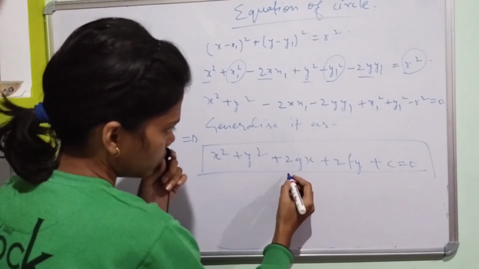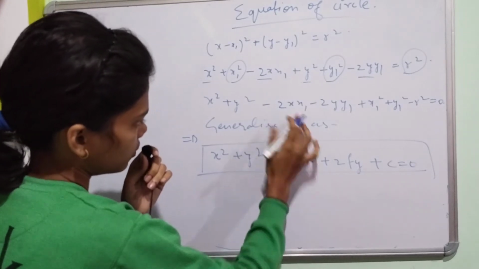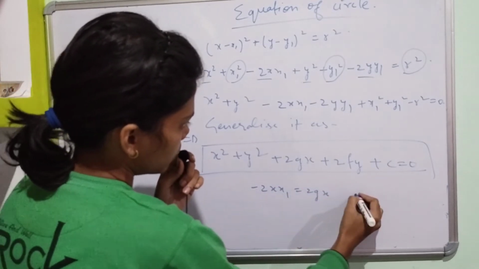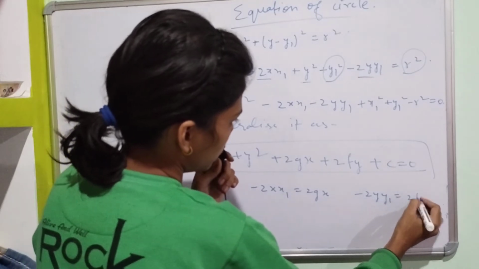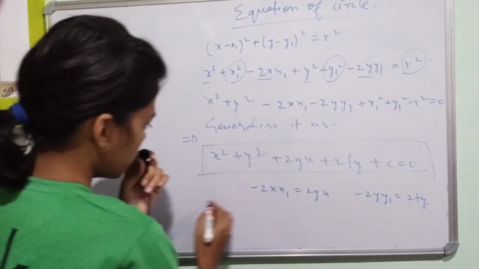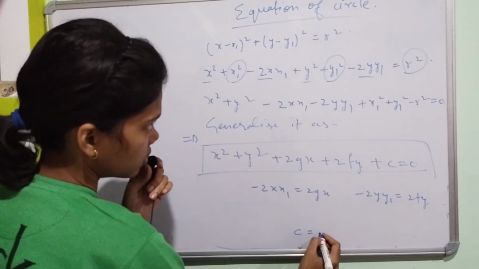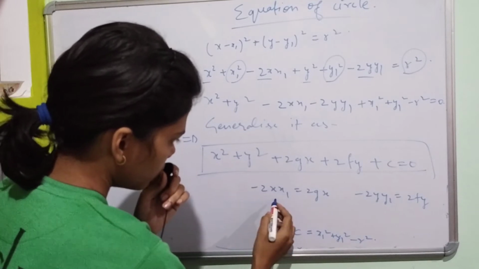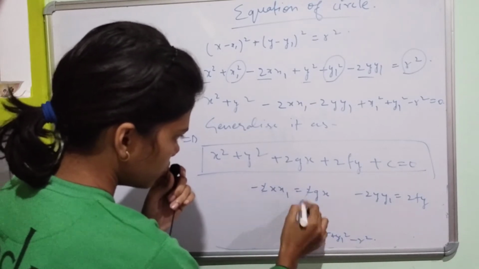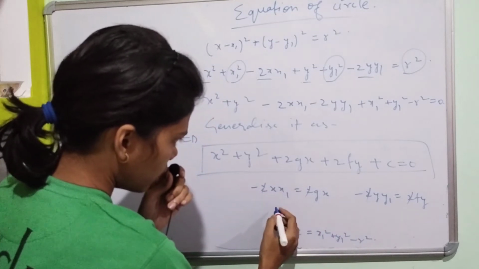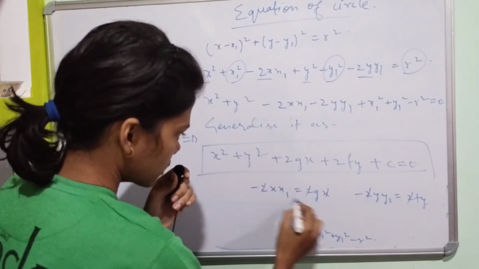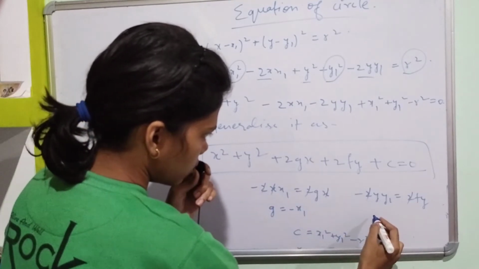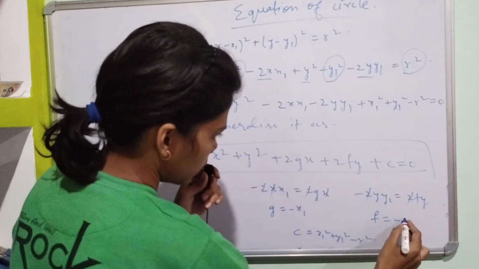From here, comparing terms, −2x·x1 = 2gx and −2y·y1 = 2fy, and we get c as x1² + y1² − r². So we are getting g as −x1 and f as −y1.